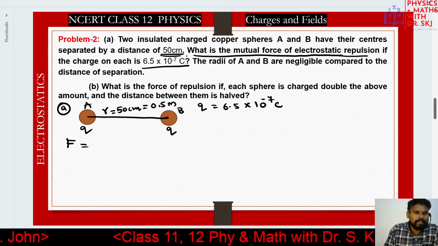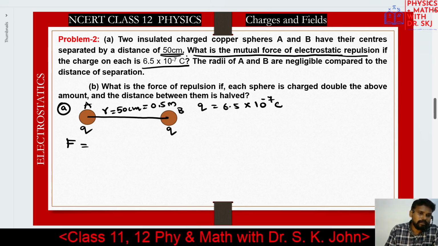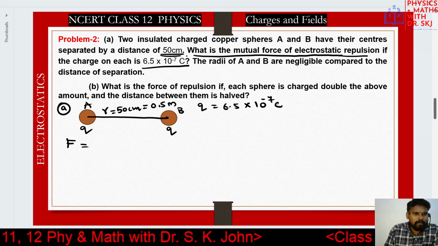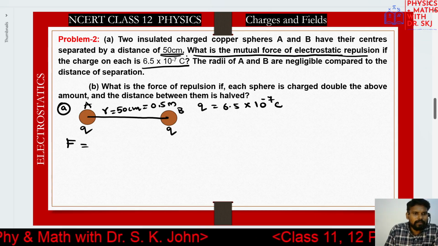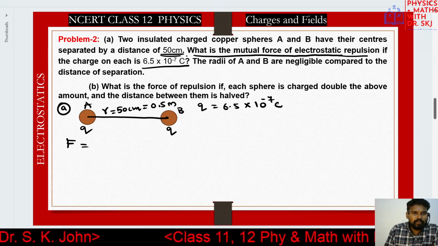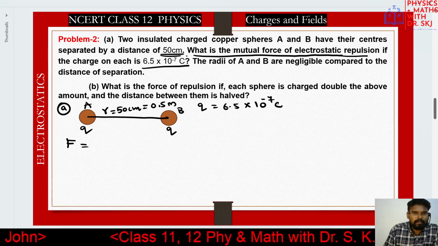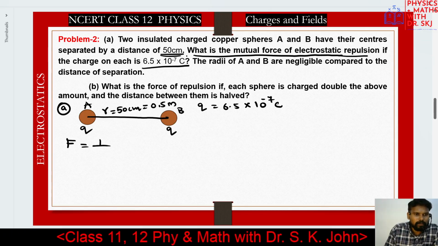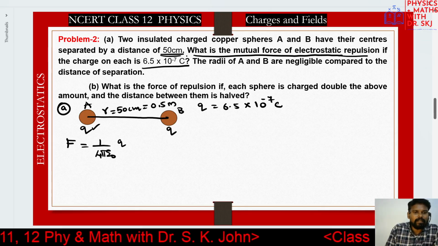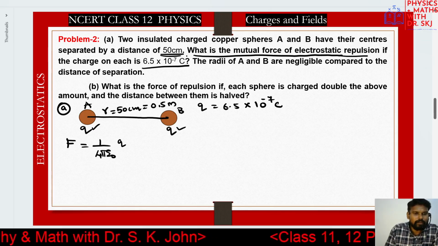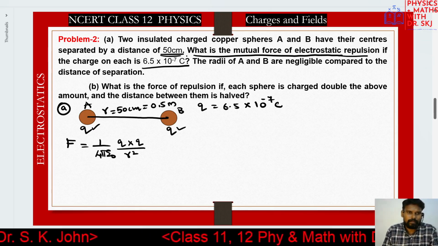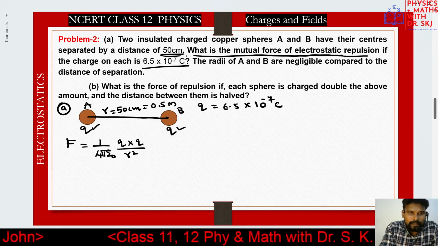So let the force be F. The force will be 1 by 4 pi epsilon 0 q into q. Here both charges are equal, so instead of q1 q2 we have q into q, divided by r square. This is the equation of Coulomb's law.